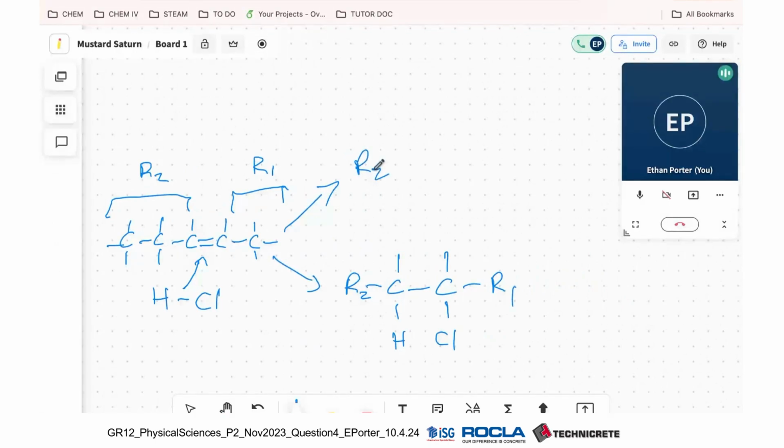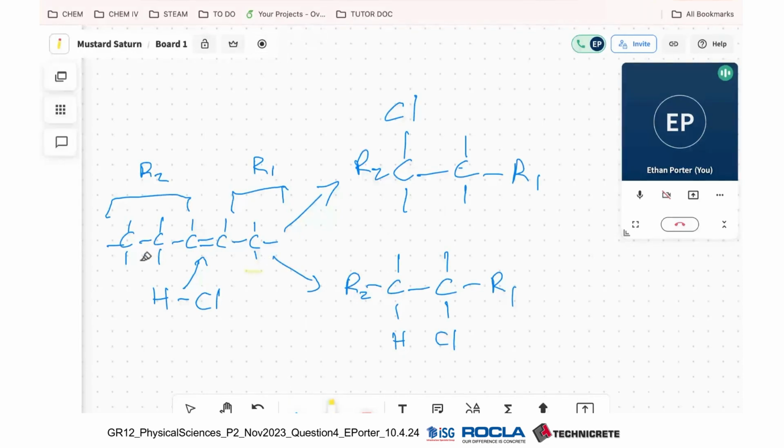So R2, yeah. So we'll have the Cl on the other side. Oh, my mistake. When I say the other side, I mean this side. Because R1 and R2 are different, they're not the same.